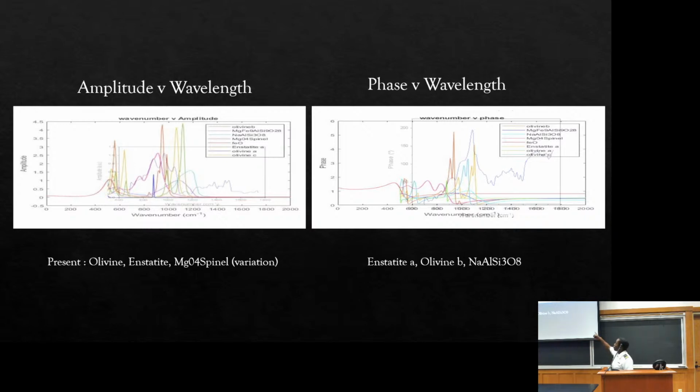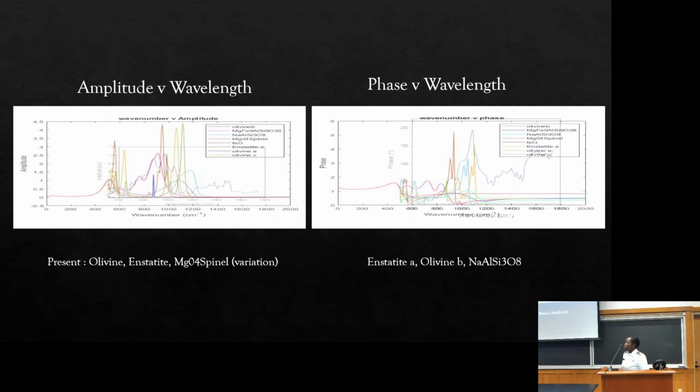And again, if you look at how the peaks align, for all of these, the actual moon sample itself, for the one on the left, is the fainter black line in the background. Just looking at some of the peaks that align to it, we can already see what's present: enstatite A and olivine C, as well as the MgO4 spinel, which is just another variation.